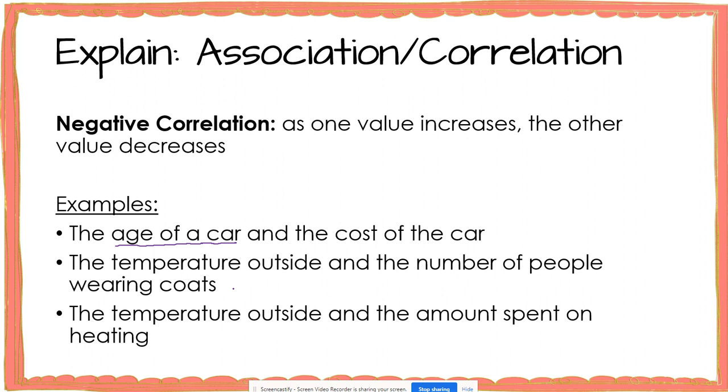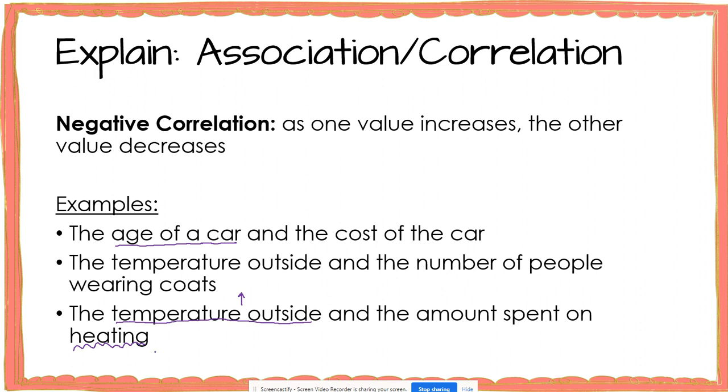The temperature outside and the amount spent on heating. So you have to be careful and read this one carefully. So the temperature outside, again, I'm going to look at just the first thing. As that temperature increases, it gets higher and higher. So again, if I started at 0 or 20, and now I've gone up all the way to 80, the amount that a person spends on heating their house is going to go drastically down, because once we get up to 80, 90 degrees, people are not heating their houses anymore.